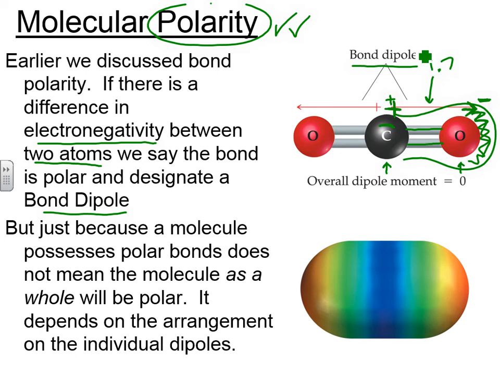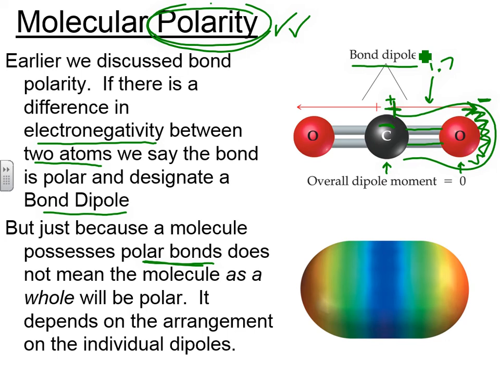And then what you can do is consider the entire molecule, because in order to understand polarity, you have to think about how the bonds are arranged in 3 dimensions around the molecule. Those polar bonds will come together to give you the polarity of the whole molecule. Just because a molecule possesses polar bonds doesn't mean the whole molecule will be polar.